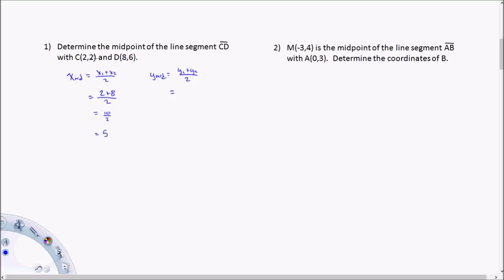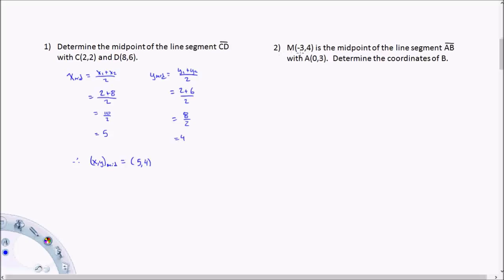For the y coordinates, we have 2 plus 6 over 2, which is 8 over 2, which is 4. Therefore, the coordinates of the midpoint of CD would be located at (5, 4).